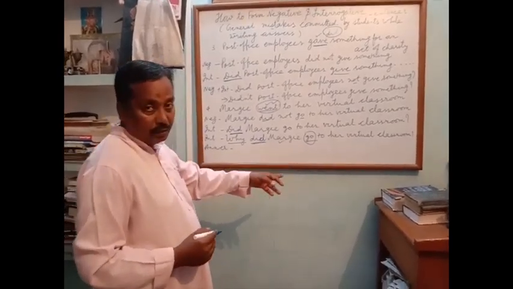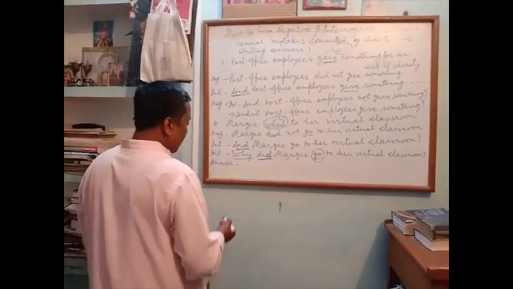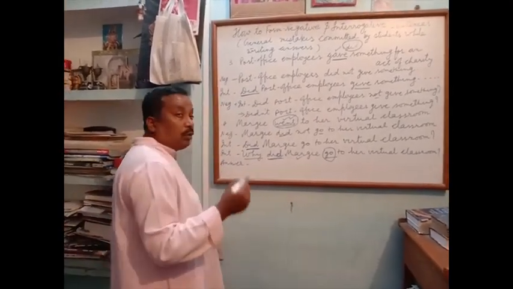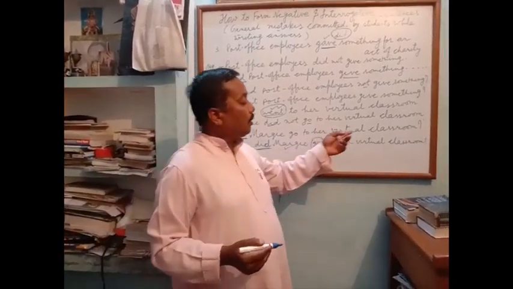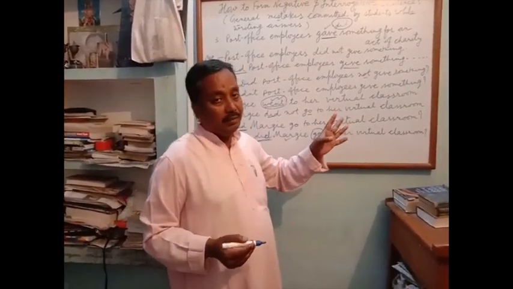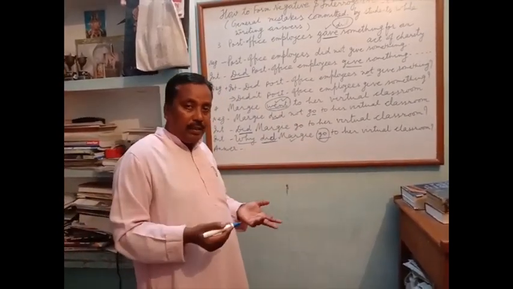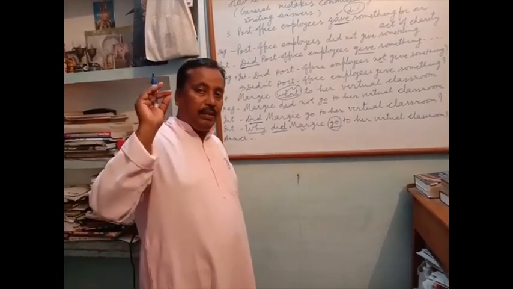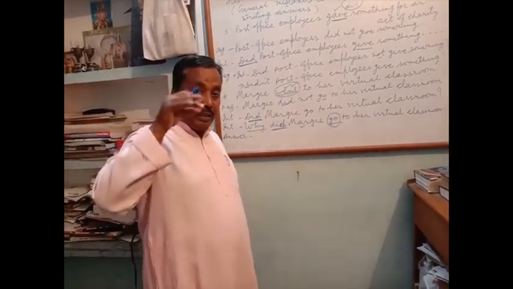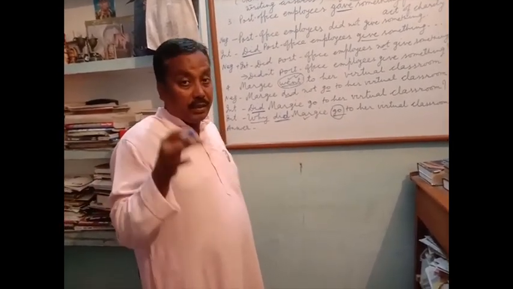Assertive sentence. In an assertive sentence, what comes first? Subject. Students know very well that Margie went to her virtual classroom for learning. Students know, but how to write, they don't know, and they commit mistakes. They have every idea in their mind that this is the answer, but how to write correctly, this is essential.